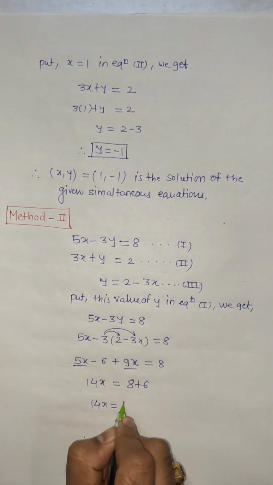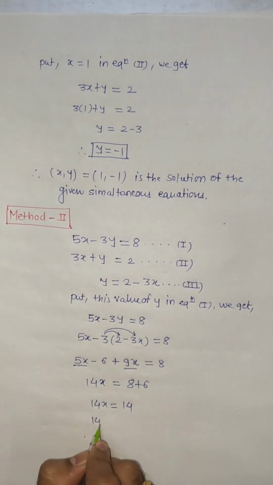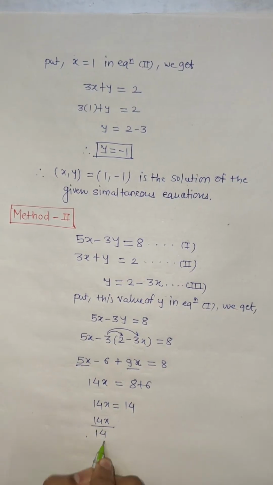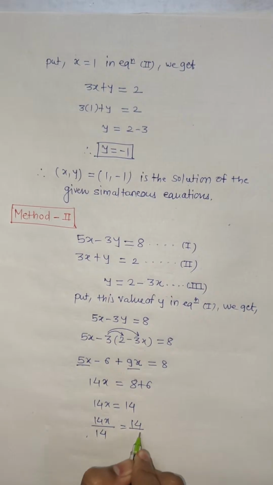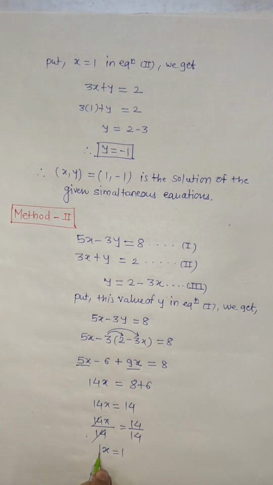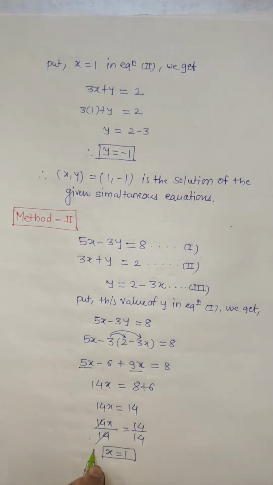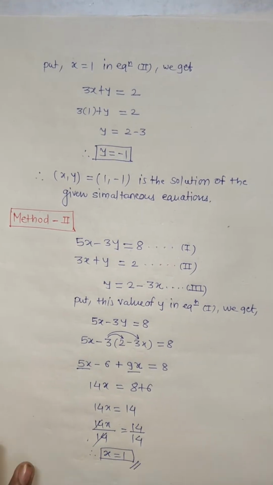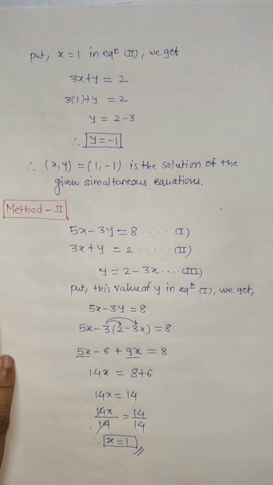So 14x is equal to 14. Dividing both sides by 14, 14x upon 14 is equal to 14 upon 14. 14 cancels out, so x is equal to 1.